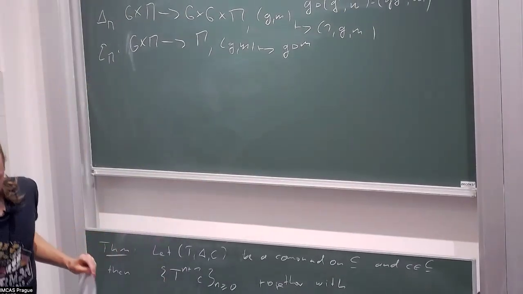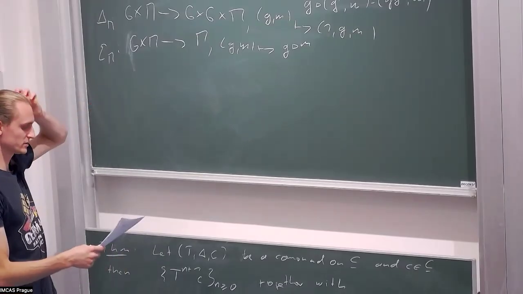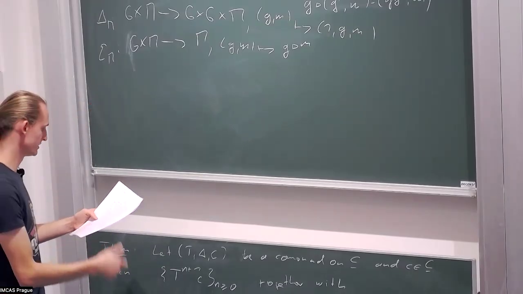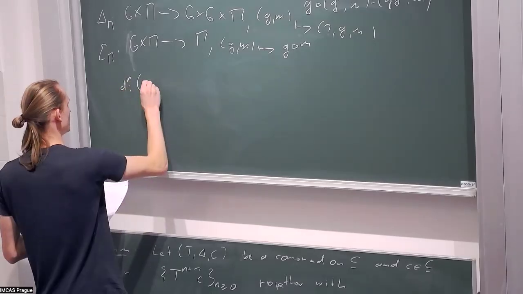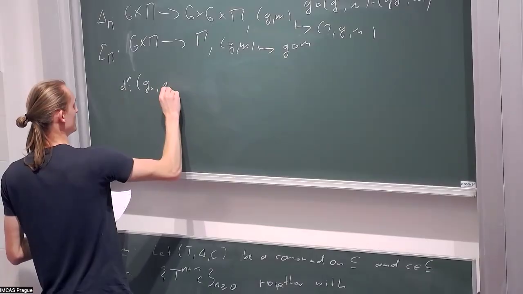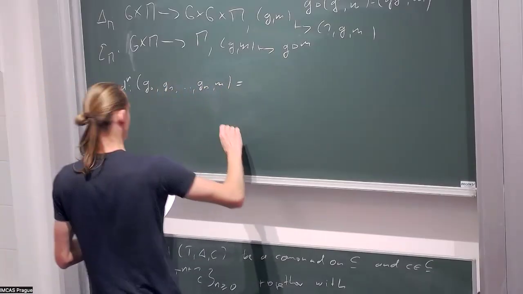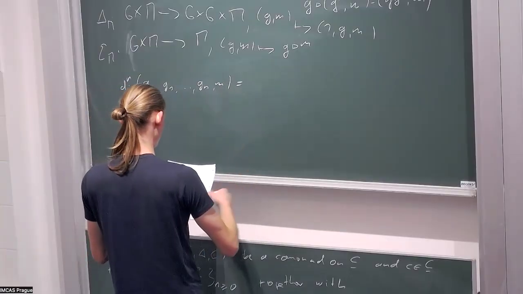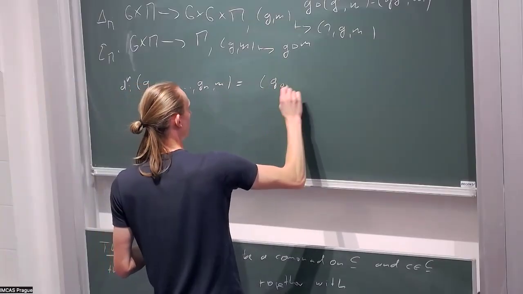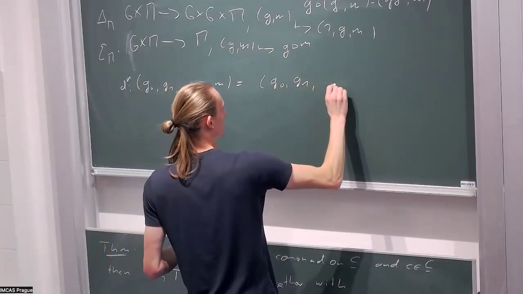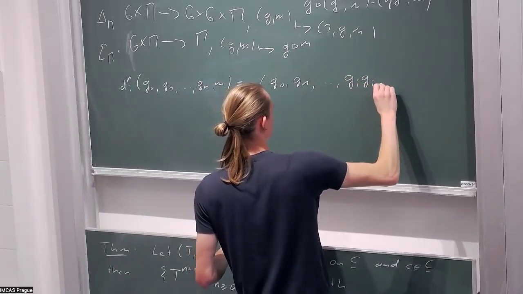And so now let's look at the face and the degeneracy operators of this guy. So here, d_i of (g_0, up to g_n, M), I define as g_0, g_1, and then I multiply g_i and g_(i+1).